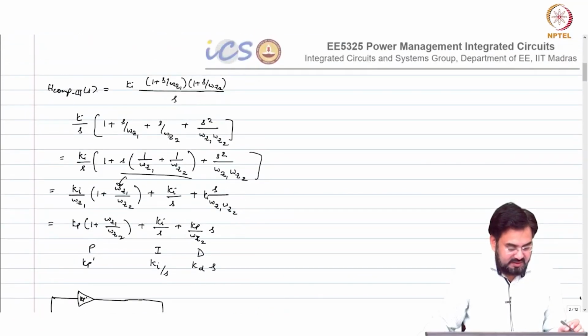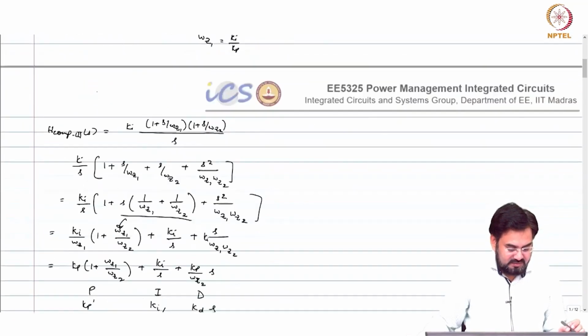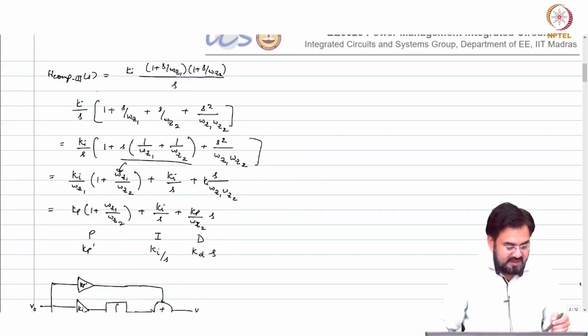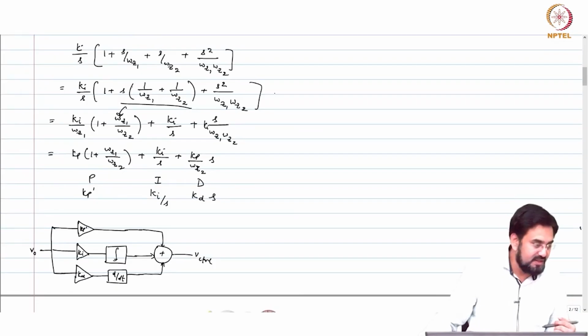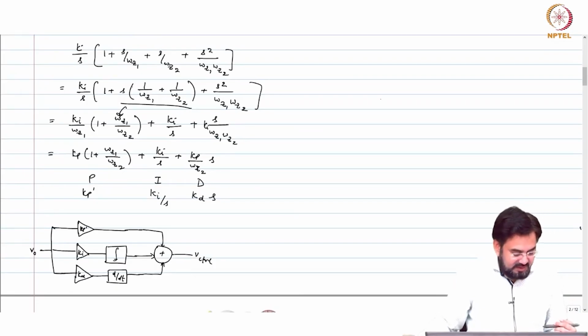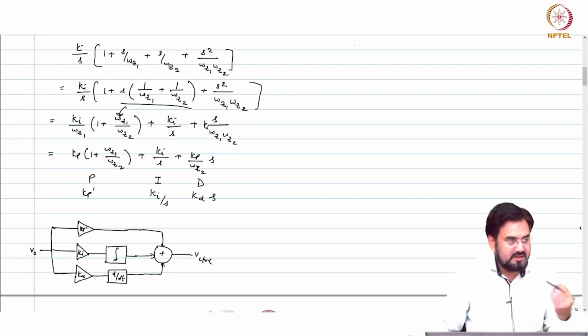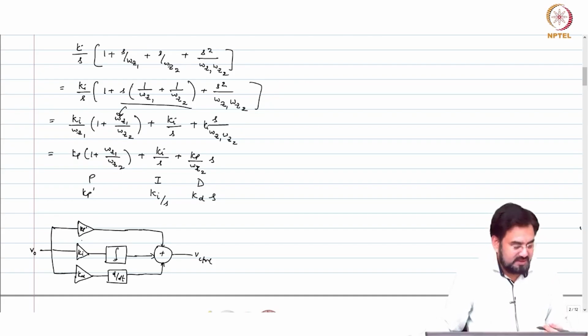And the same can be simplified and we can break it into 3 different components: proportional, integral and derivative, and that is why it is called a PID or proportional, integral and derivative compensator. And you can implement that by having all 3 coefficients separately, by having an amplifier which will give you the proportional gain, then an integrator which will give you the Ki coefficient, and a differentiator for Kd.